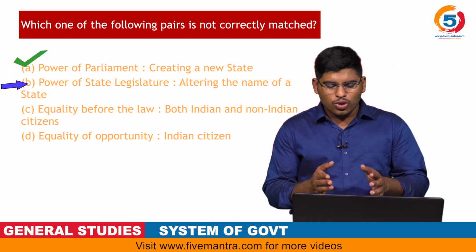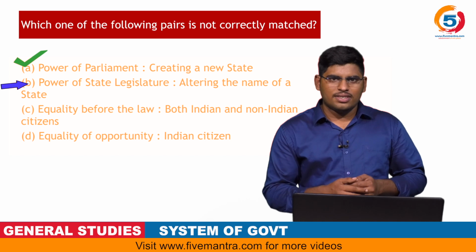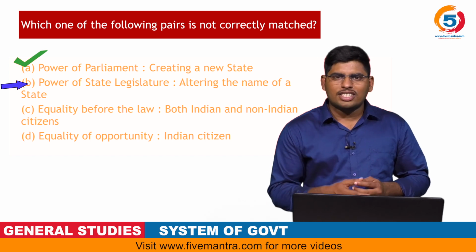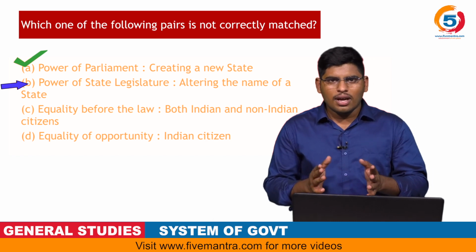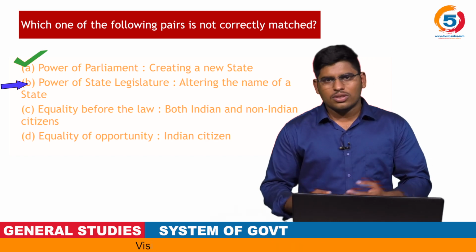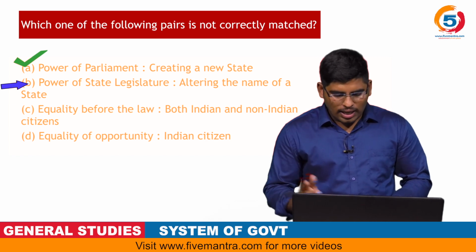Here it is not only the state legislature's power in altering the name of a state, the role of Rajya Sabha has to be taken care of. So the second option seems to be very relevant to the question. Let me conclude that after examination of the other two.